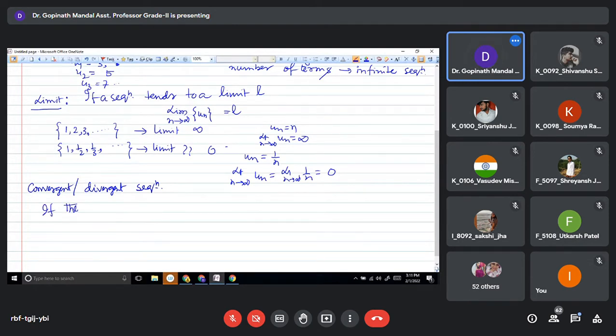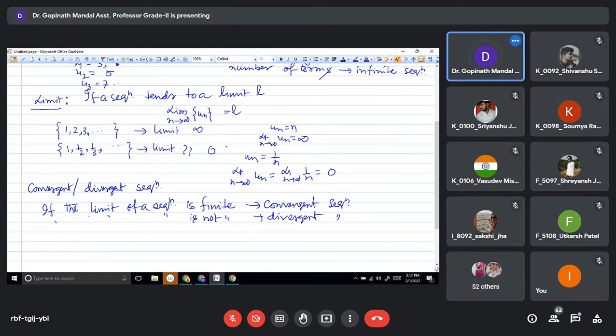If the limit of a sequence is finite, the sequence will be convergent sequence. And if the limit of a sequence is not finite, that means the sequence will be called divergent sequence.